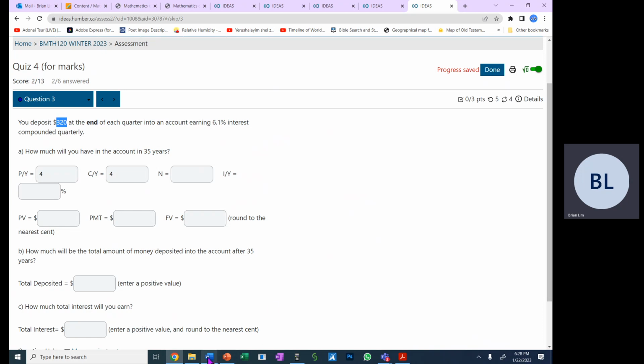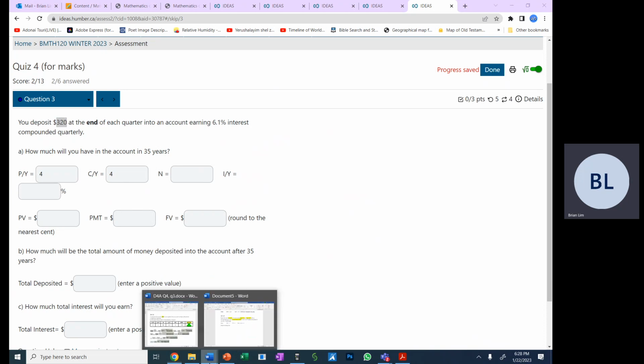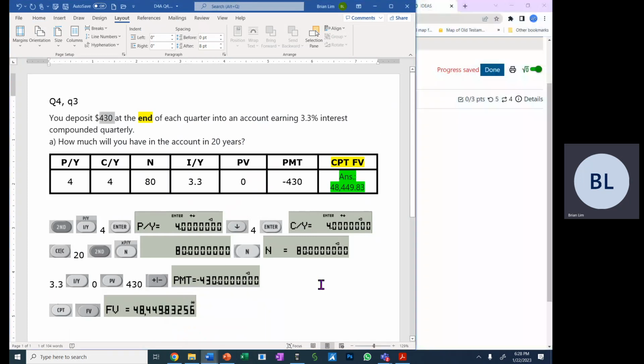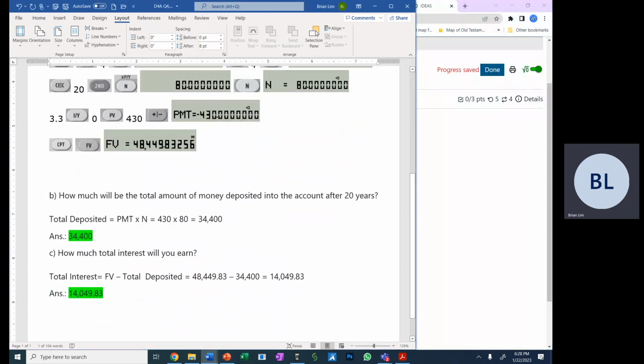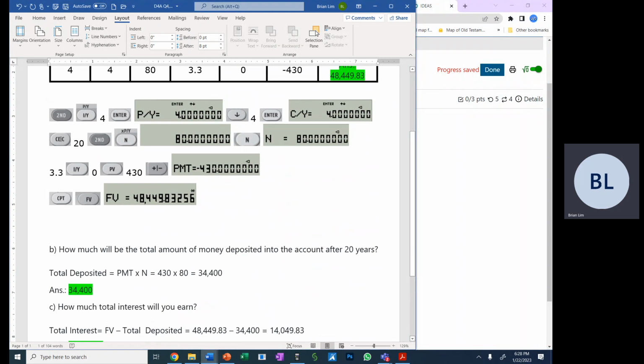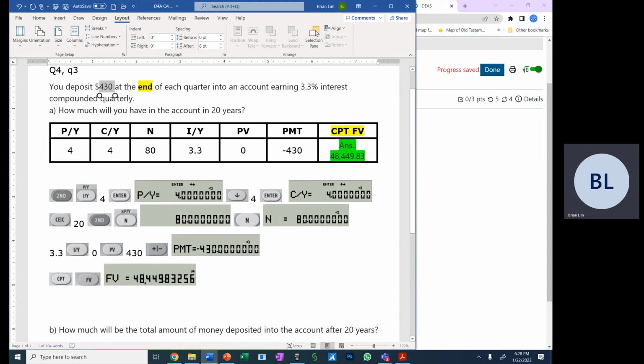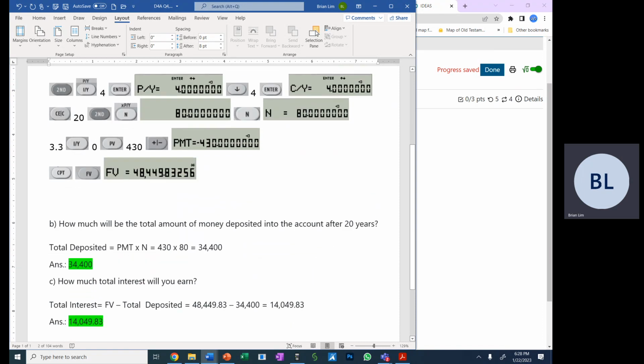All right, there are other parts to the question though. It's not quite done. How much will be the amount of money deposited into the account? All right, so let's go down further. And how much money is deposited into the account after 20 years for this question anyway? So you have to take the amount that's being deposited, how much is deposited each time, 4 times a year, okay?